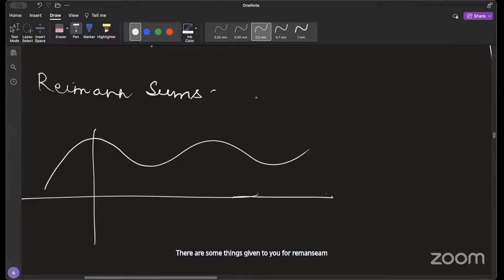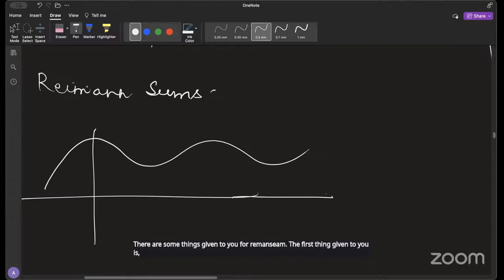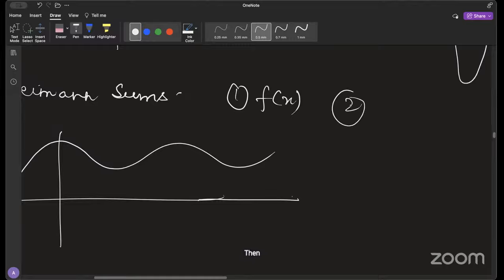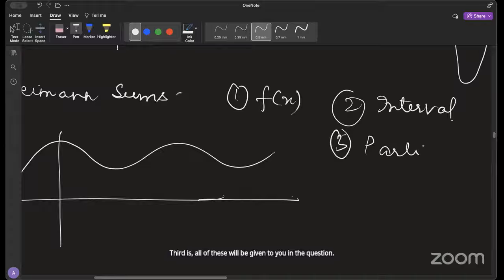What do you need to find the Riemann sum? First is your function. Then second is the interval. All of these will be given to you in the question. Third is the partition of the interval.